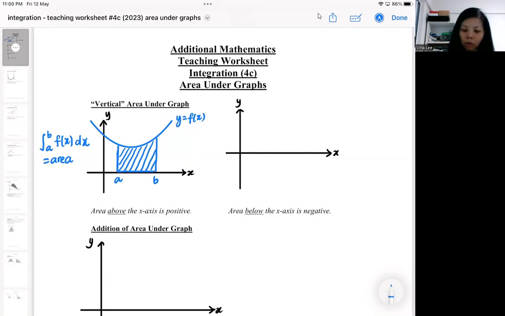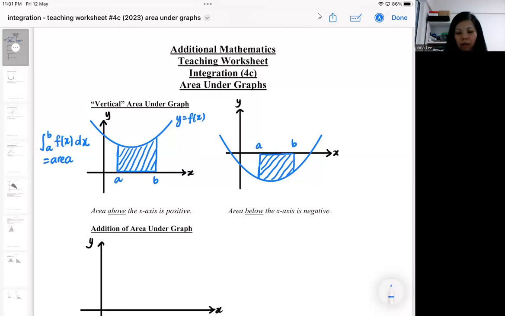Okay, so in another way, if let's say I give you another graph, and I got two vertical walls here. This is also the area under the graph, and it is sticking on the x-axis.